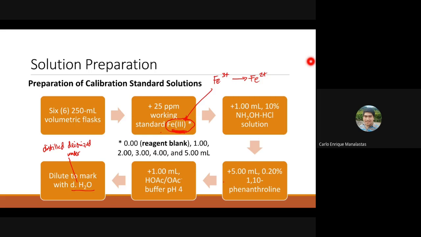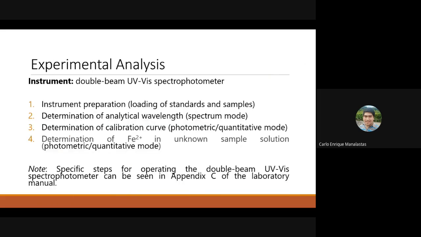After adding all of the reagents and diluting the solutions to mark, mix it thoroughly. And you could now use this in the analysis, in the preparation of your calibration curves later in the experiment.